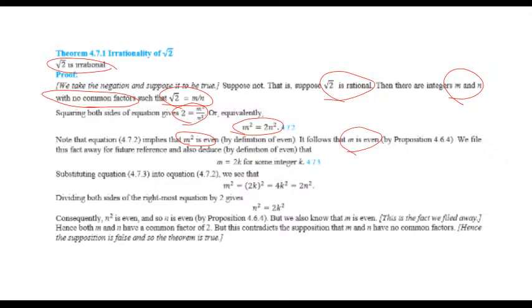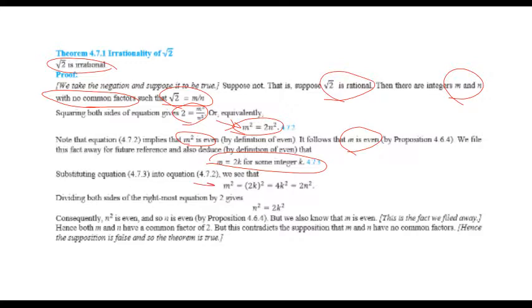So since m is even, based on the definition of even numbers, m can be written as 2 times k for some integer k, and since m squared was 2 times n squared, I just substitute m with 2k.